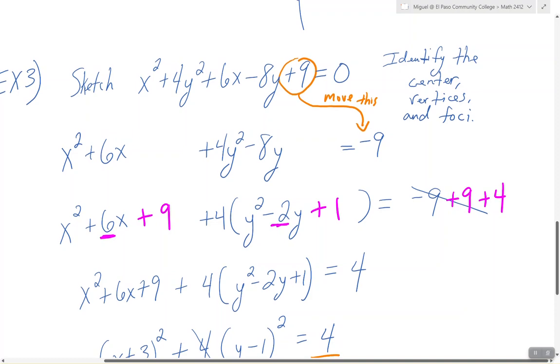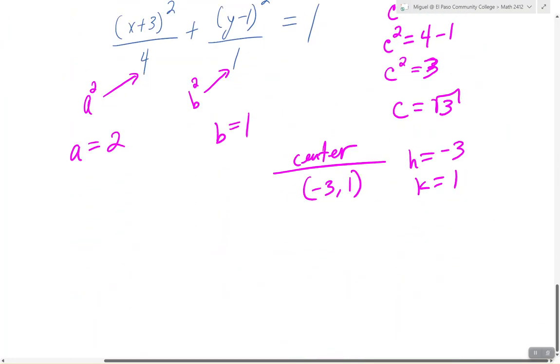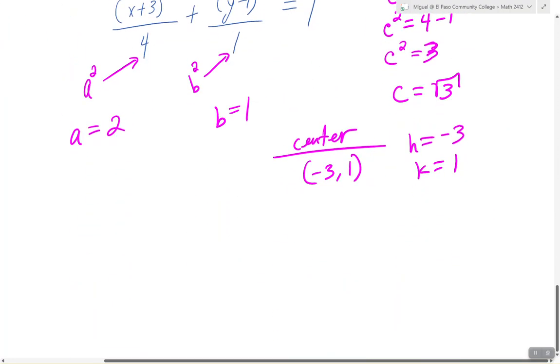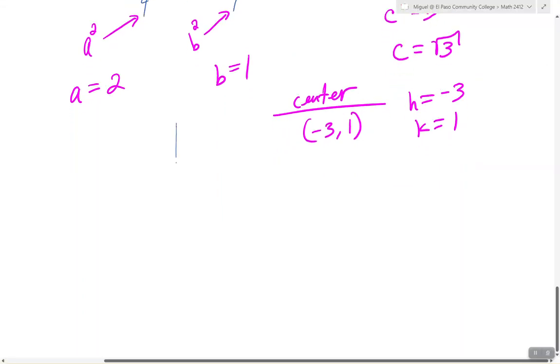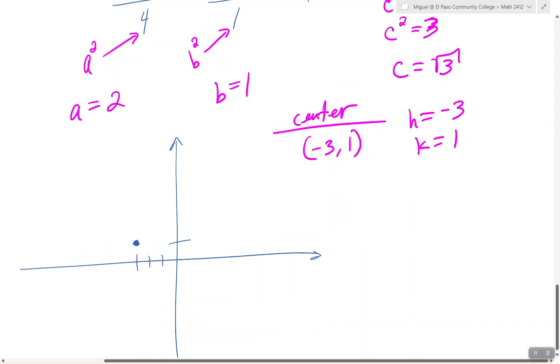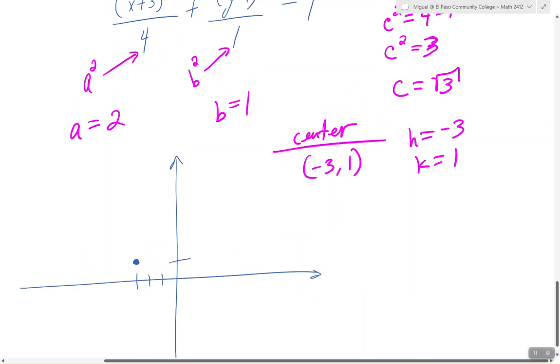So let's sketch it first. We know the center. Negative 3, up 1. There's the center. a is 2, right?